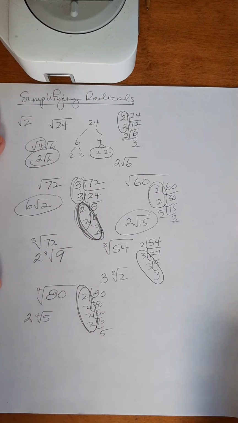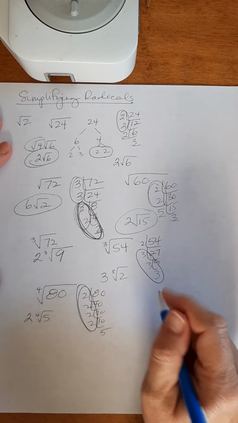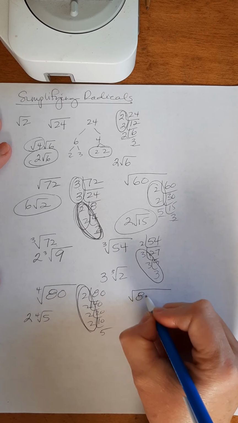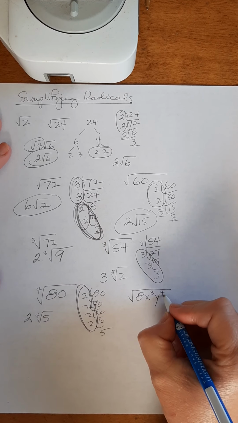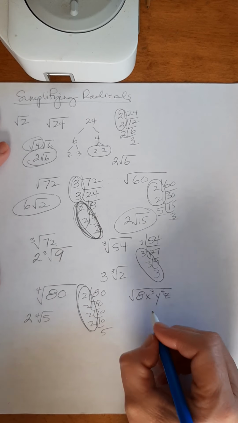Now let's say that they put variables with there, because it's actually not bad. Let's say if I said the square root of 8x cubed y to the 4th z. Well, first you do the numbers.